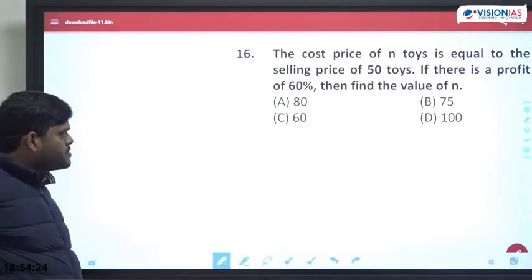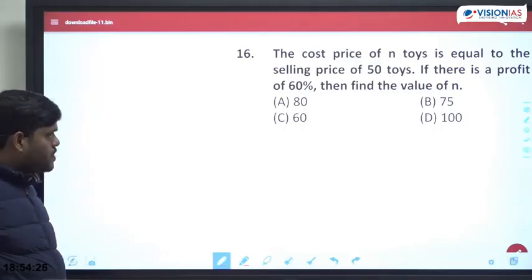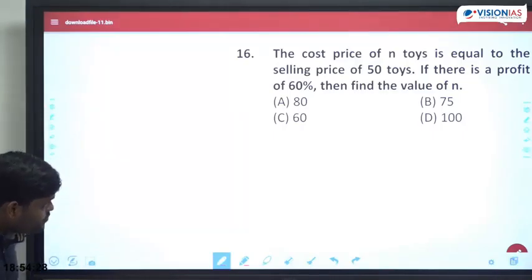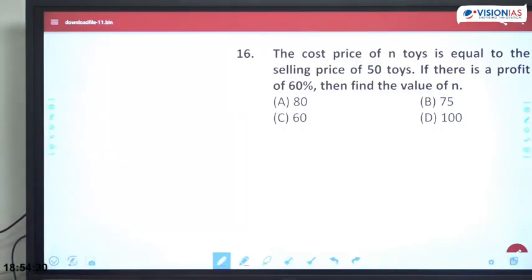Try this question. The cost price of n toys is equal to the selling price of 50 toys.